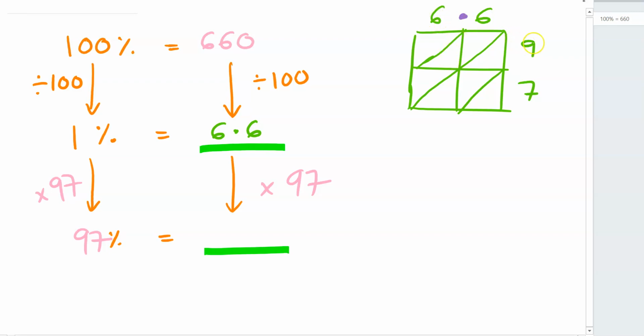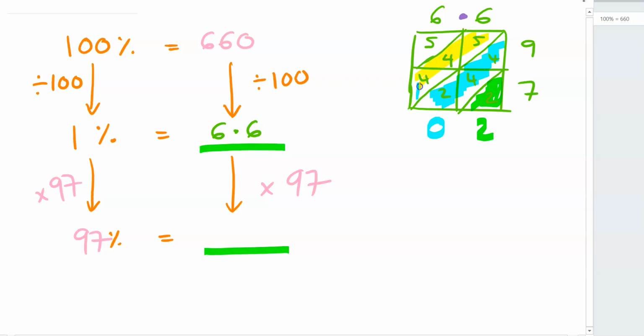So 6 times 9 is 54. 6 times 7 is 42, and then you add up the diagonals. So there's one diagonal, that comes to a 2. There's another diagonal, 4, 4 and 2 make 10, so you put the 0 in, carry the 1 onto the next diagonal.